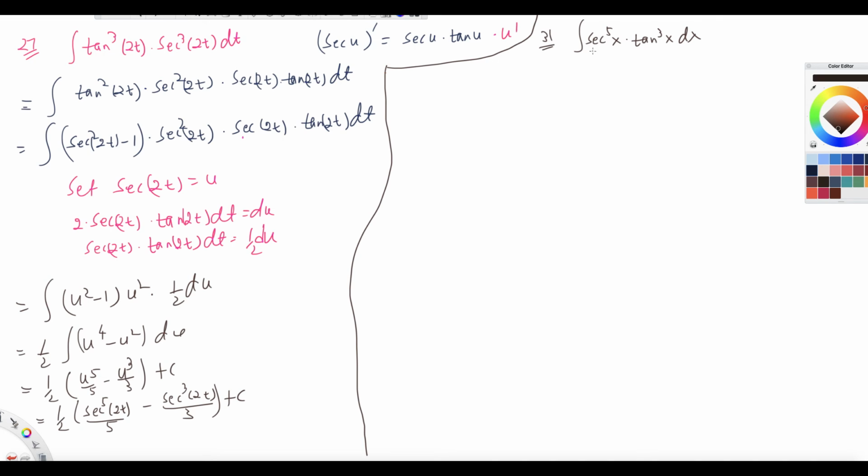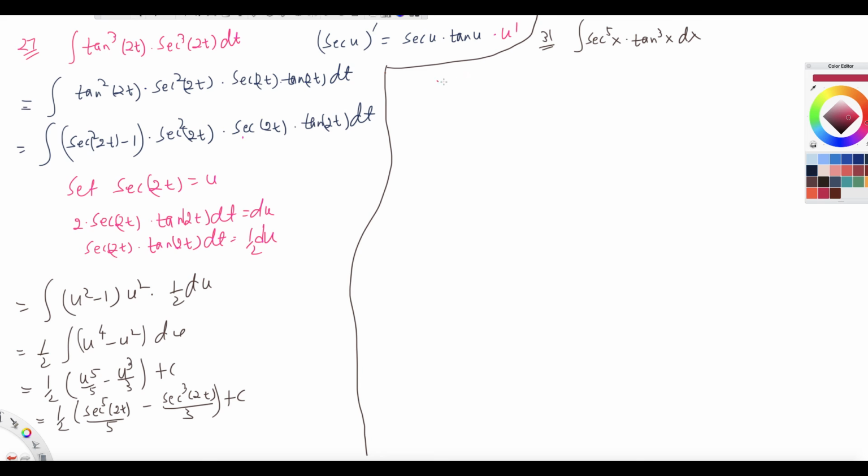So what I want to do here is basically write secant to the 4th x, then tangent squared x, and then secant tangent at the end. That's my plan here.